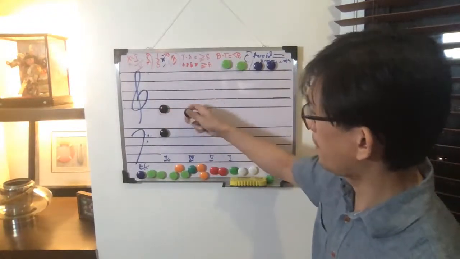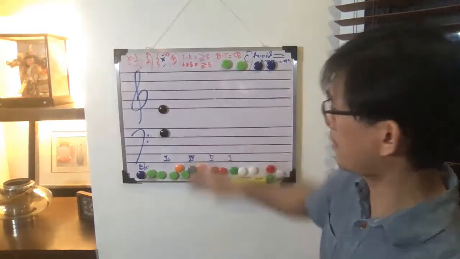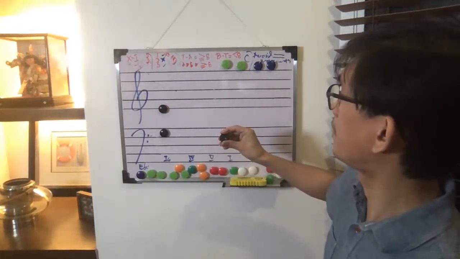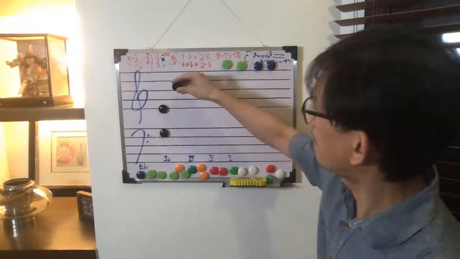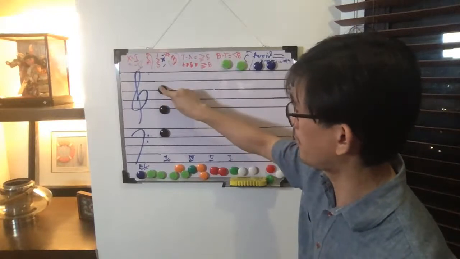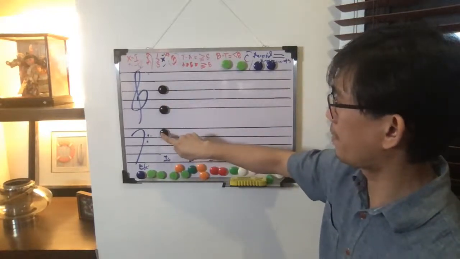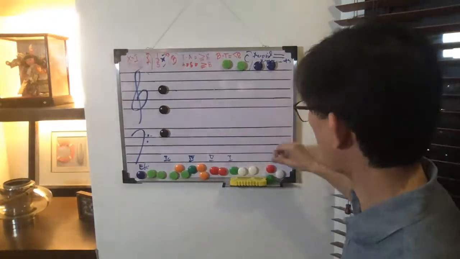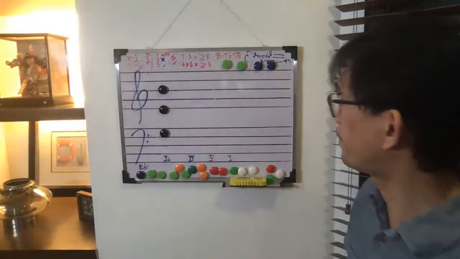Well, perhaps the tenor would be this voice, and then the alto would be a little bit on the high side, B. So 1, 3, 5. What do you want to double?